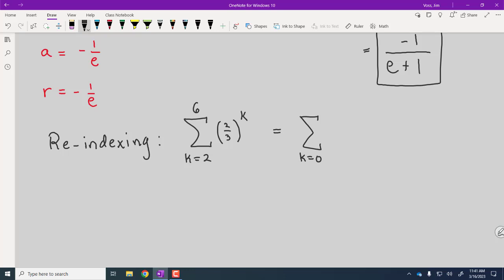What we need to do is the following. We're going to create a little algebra equation down here. We want to replace the k with something that gives us that. What can I replace the k with so that when we do a little bit of algebra, we'll end up with k equals 0?